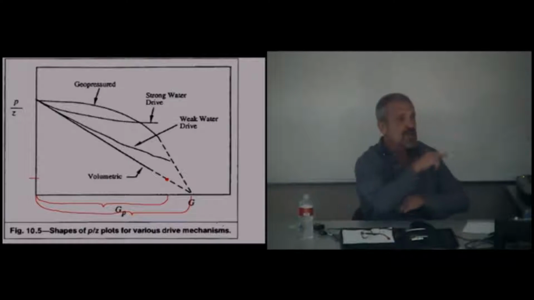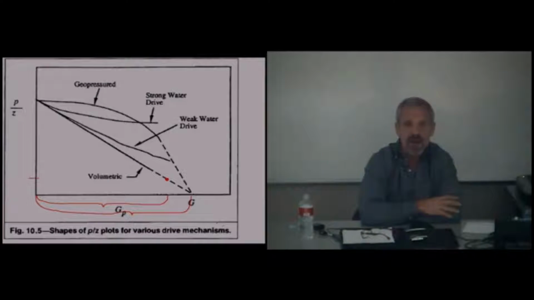Okay, so does everybody see that if that red dot is my abandonment P over Z, my recovery is my first brace divided by my second brace? Wouldn't you say that that's the recovery factor?